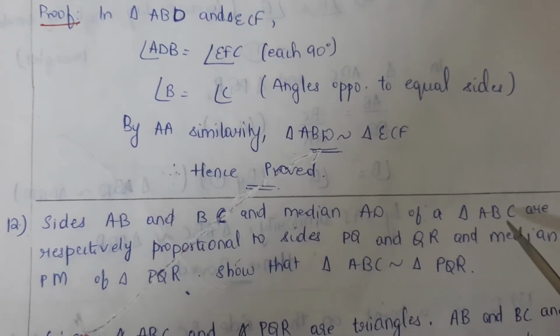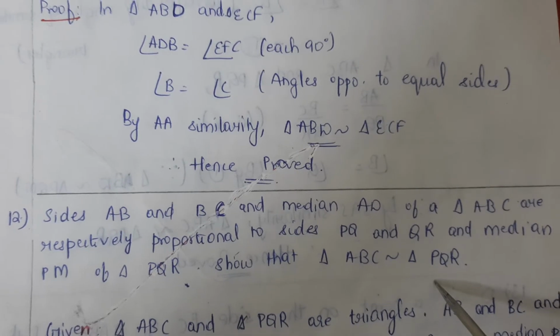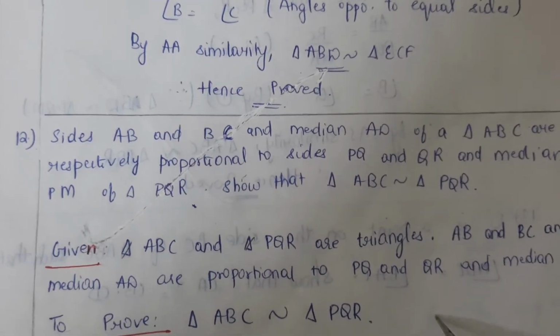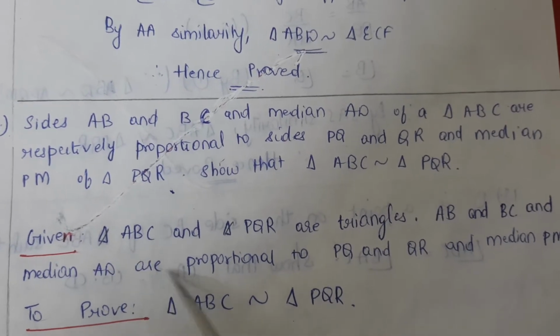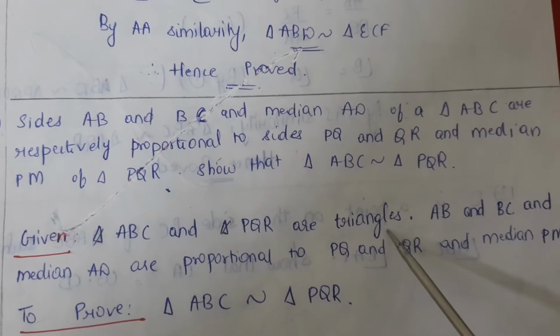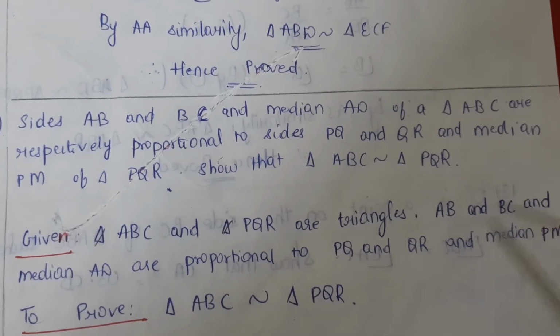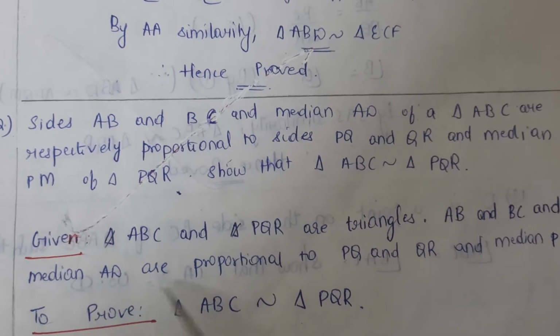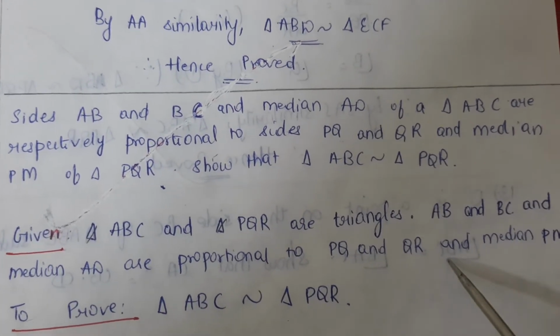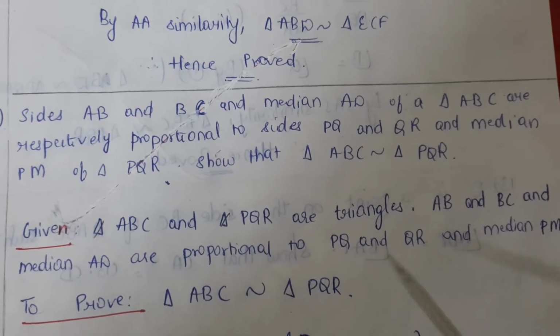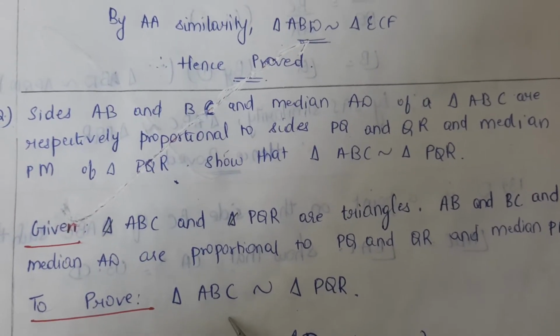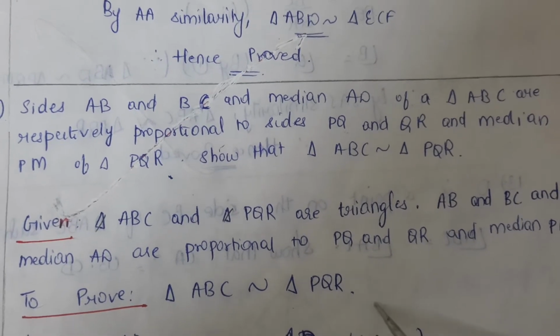So first we have two triangles here, ABC and PQR. Now let us write what is given in the question. Triangle ABC and triangle PQR are the triangles, and sides AB and BC and the median AD are proportional to PQ and QR and median PM. So we have to prove triangle ABC is similar to triangle PQR.